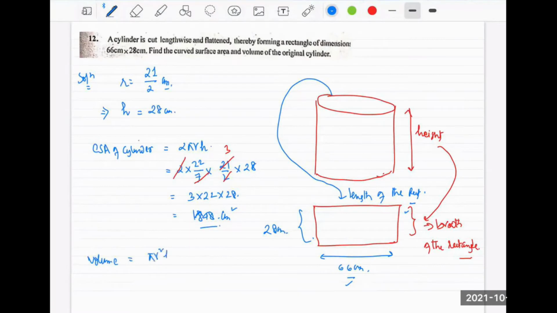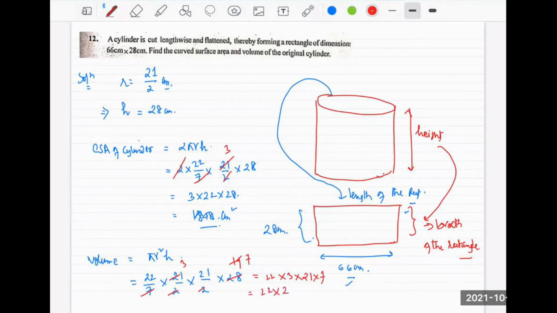Pi r square h, right? So 22 by 7, 21 by 2 into 21 by 2 into 28. You cancel it out. 7 3s are 21. 2 and 14. 2 and 7. What is left then? We have got 22, 3, 21, and 7.